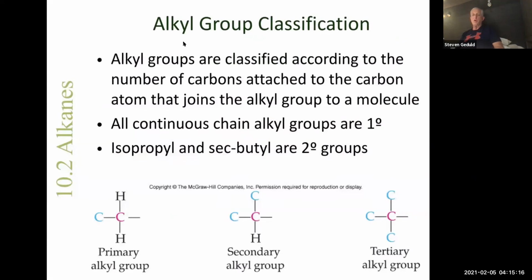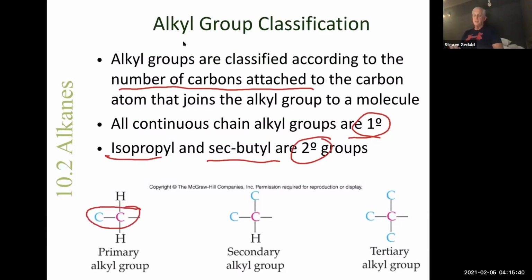Okay, so alkyl groups are classified according to the number of carbons attached to the carbon atom that joins it. So all continuous chains are primary attachments because there's only 1 carbon attached to it. We can have isopropyl and sec-butyl as secondary groups. Okay, all that means is this is our primary group where 1 carbon attaches.